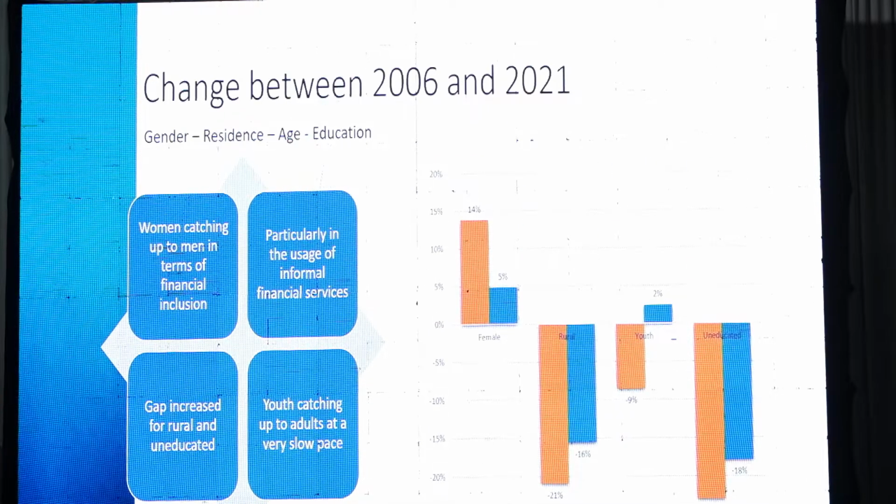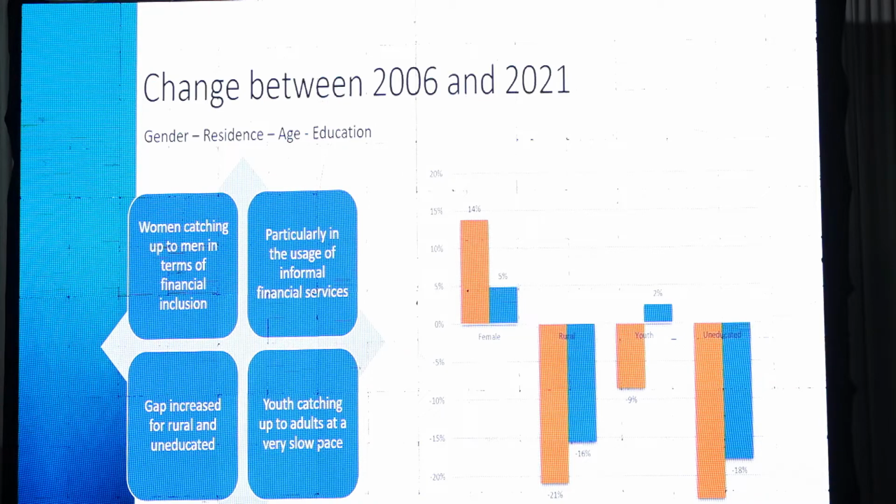We then looked at the change between 2006 and 2021 in terms of catching up and filling the gap. And we can see from this slide that some categories have been catching up while others still lag behind. So this result shows that, for example, always in the case of the gender characteristic, the neutral indicator for women increased by 14% more compared to the indicator for men.